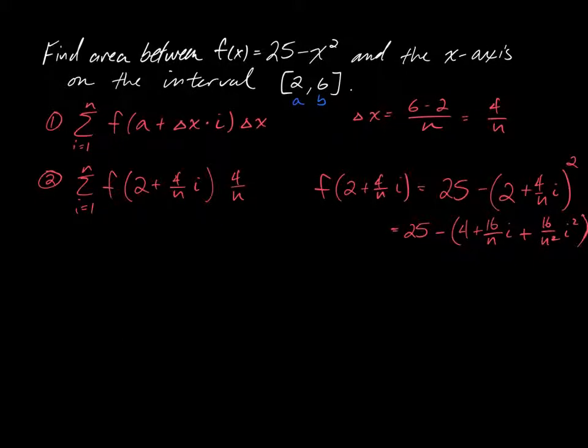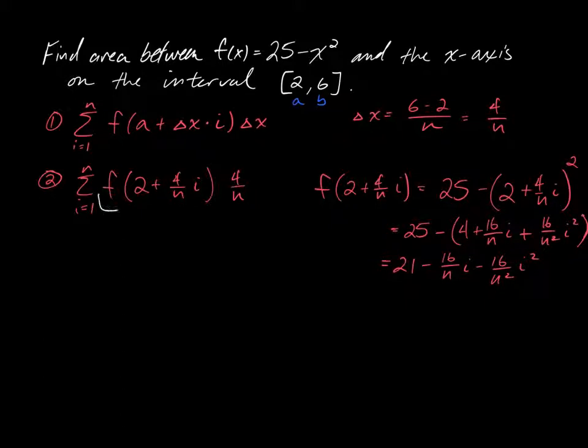And if we combine some terms together here, we're left with 21 minus 16 over n i minus 16 over n squared i squared.